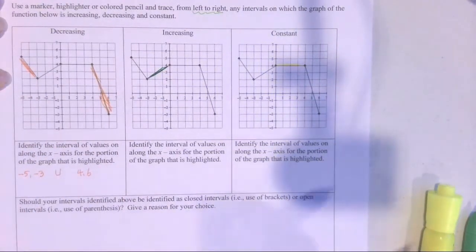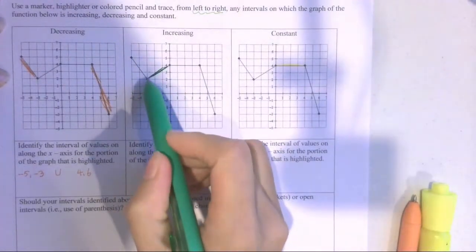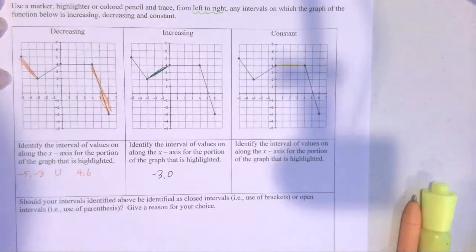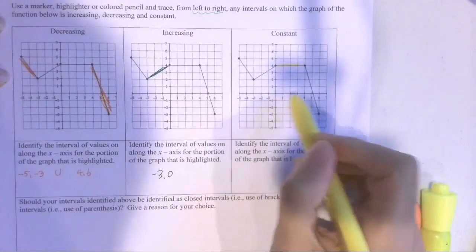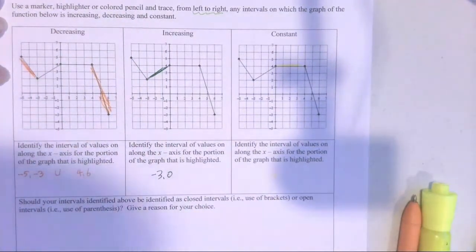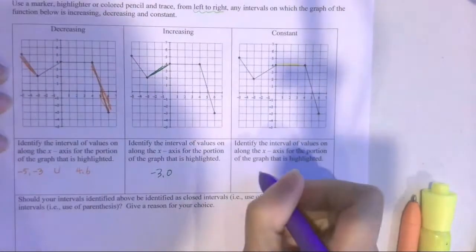I'm going to do the parentheses and brackets later. Alright, increasing: x value from -3 to 0. Last part, constant: x value from 0 to 4. Please remember, I'm writing all the x values here.